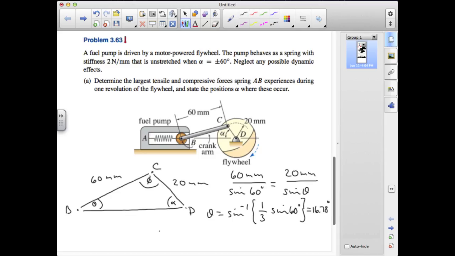I can then get the angle phi as the difference between 180 and alpha plus theta. So subtracting off 60 and then 16.78, and that gives me a value of phi of 103.22 degrees.